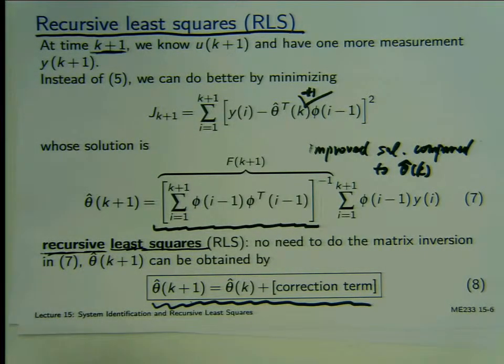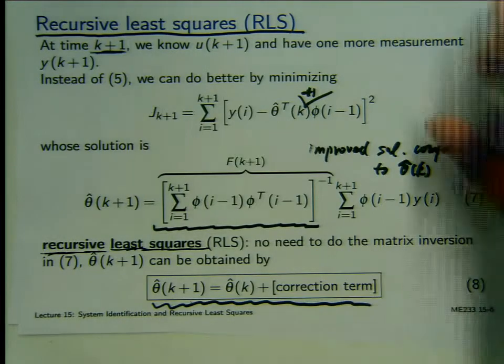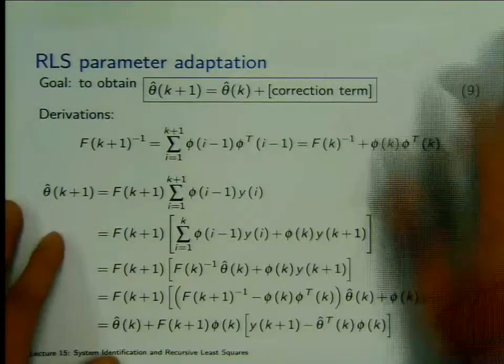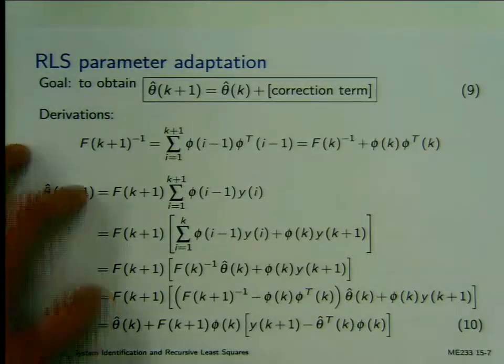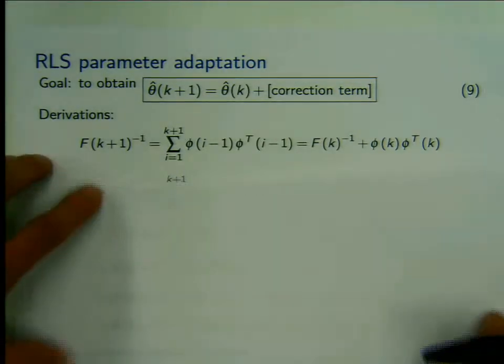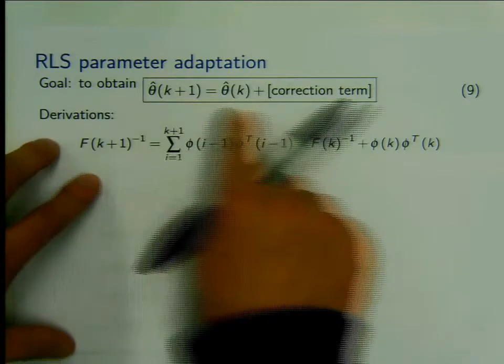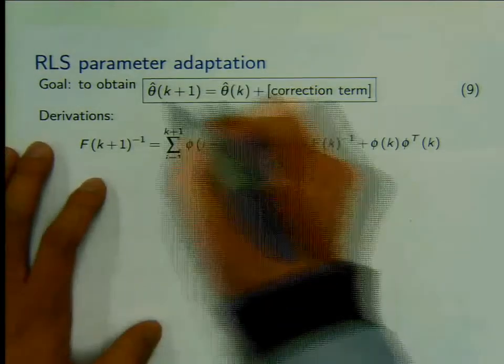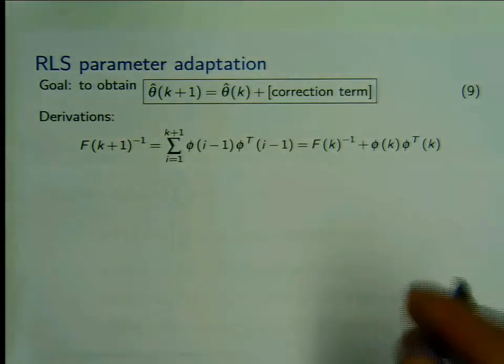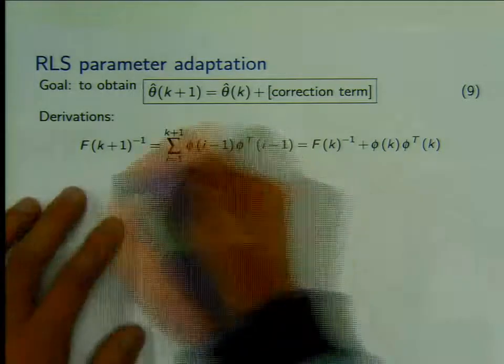Okay, so everyone gets this basic idea? You want to use at time k what information you are using, and at time k plus 1 what information you're going to be using. So let's spend some time on the details of this recursive formula.